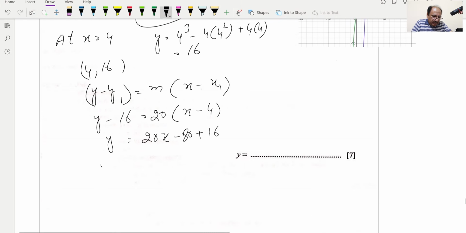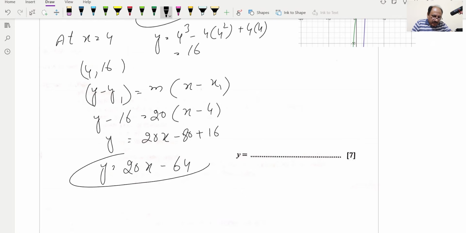So we can write y is equal to 20x minus 64, and this will be the equation required.